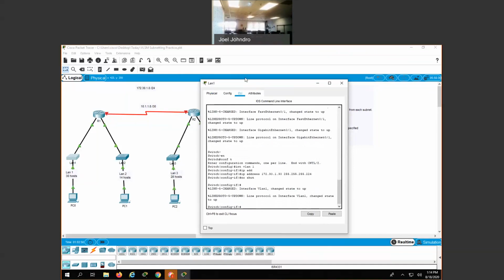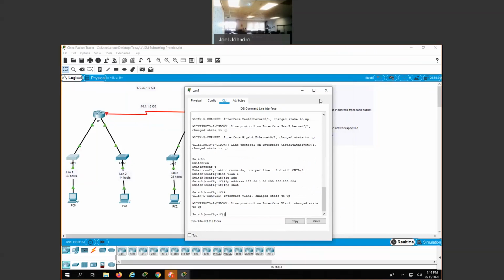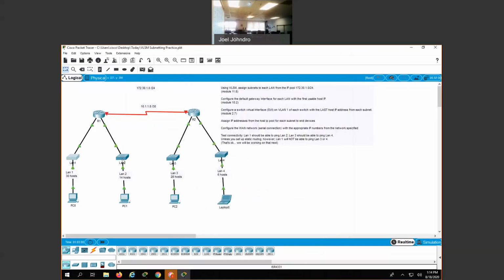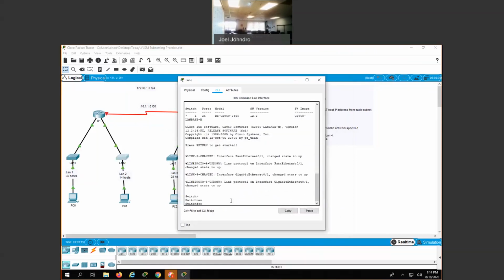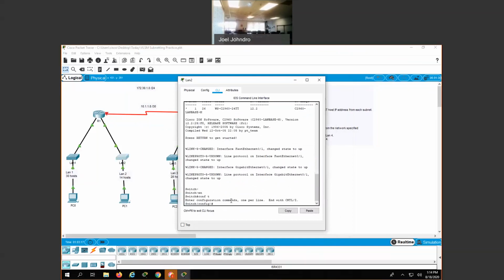In a real world situation, we'd probably be setting up SSH in this case, but the instructions don't say to do that. It just says to create the SVI. So that's what we're going to do. Now, LAN 2. LAN 2, last usable IP address is .78.